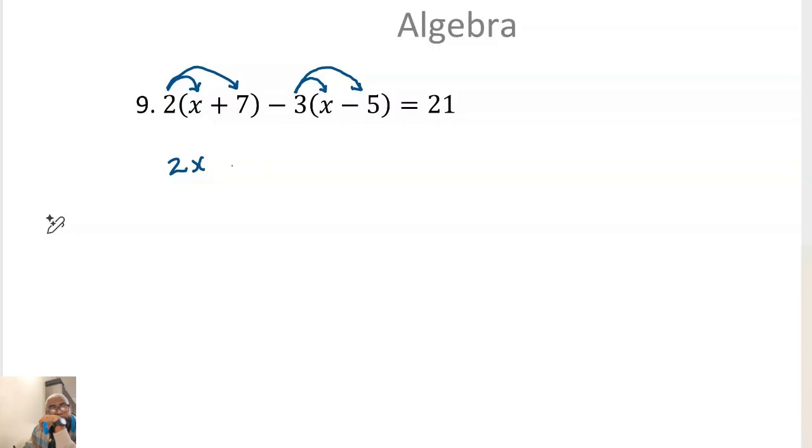2x plus 2x plus what? 9, sir. 2 multiplied by 7 is 9? 14. 14, right? Negative 3 multiplied by X, Ramo.